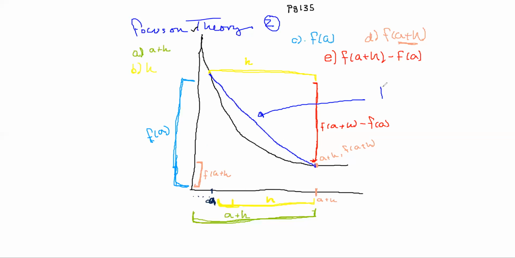And so this is f of A plus h minus f of A divided by h, right? Because this is rise over run. This is just the slope between point A and point A plus h.